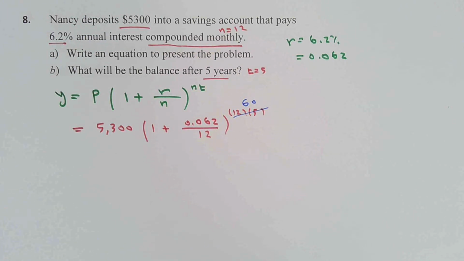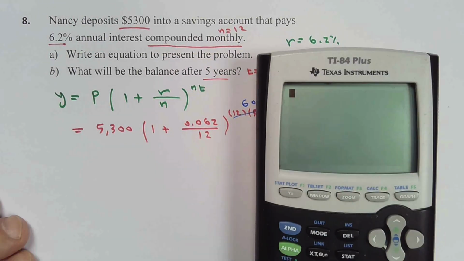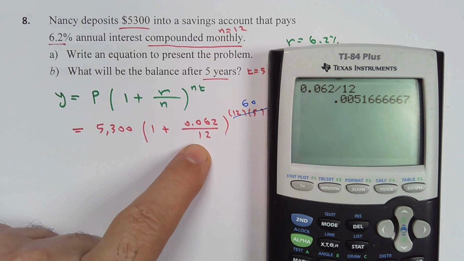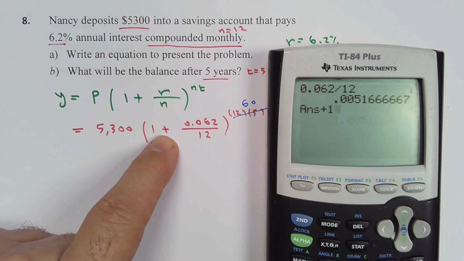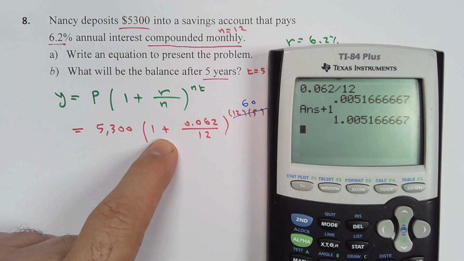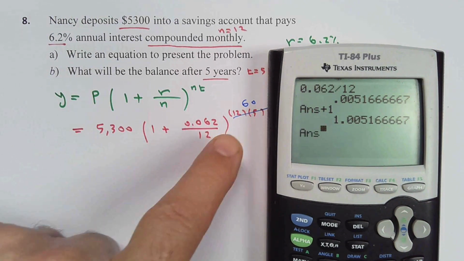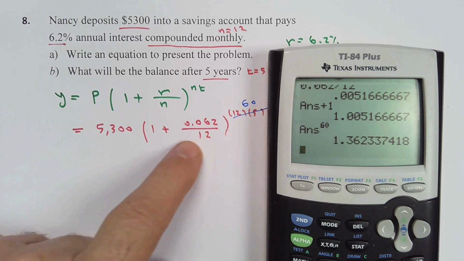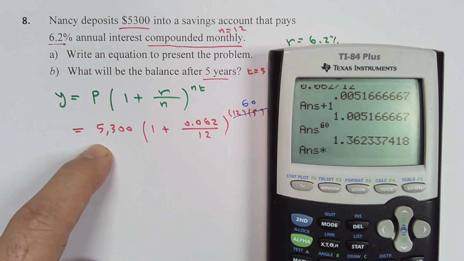You could type the whole thing, but a good way to do it is like order of operations. I'm going to say 0.062 divided by 12. That will give me this amount. We're going to add 1 to it. So that's the inside part. Raised to the power 60. Then after that, I need to multiply it by 5300.